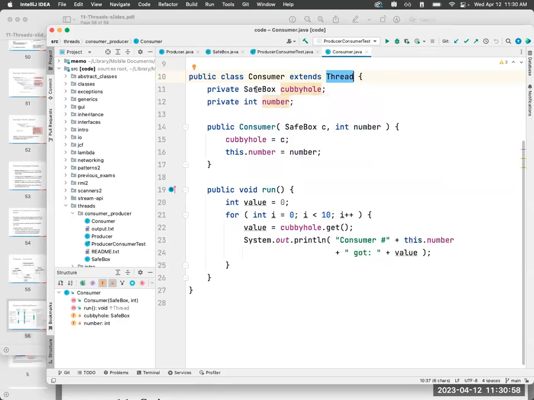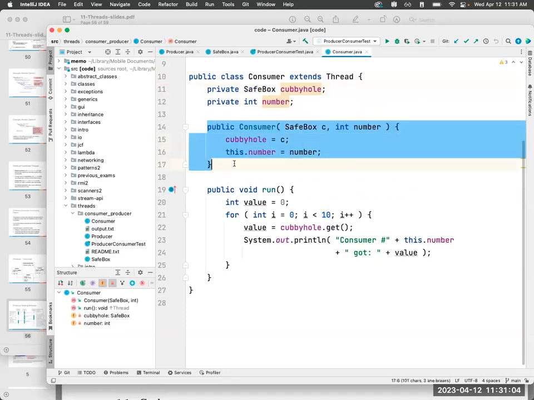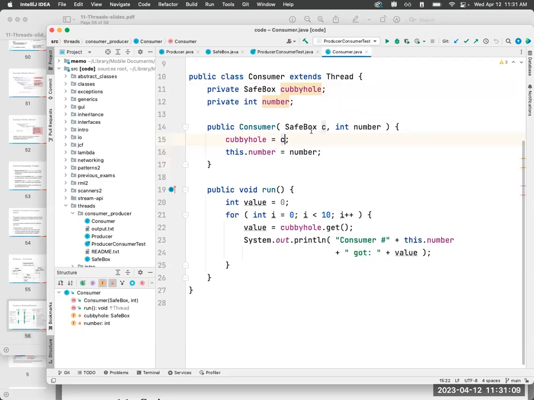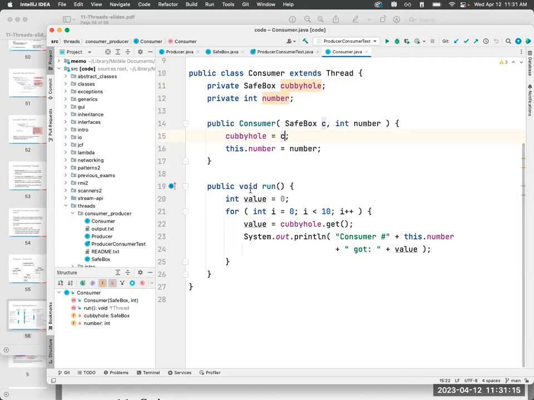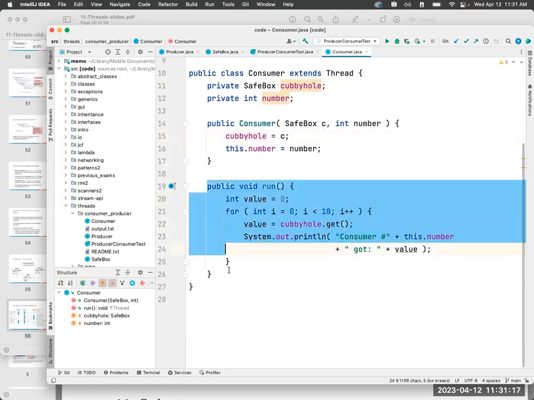I am keeping a reference to my safe box here. My constructor is essentially receiving that reference to the box and storing it here, right? And then doing the same thing for the number, just an identifier. My run method is the one that would actually be running every time I call start on the consumer threads that I create.